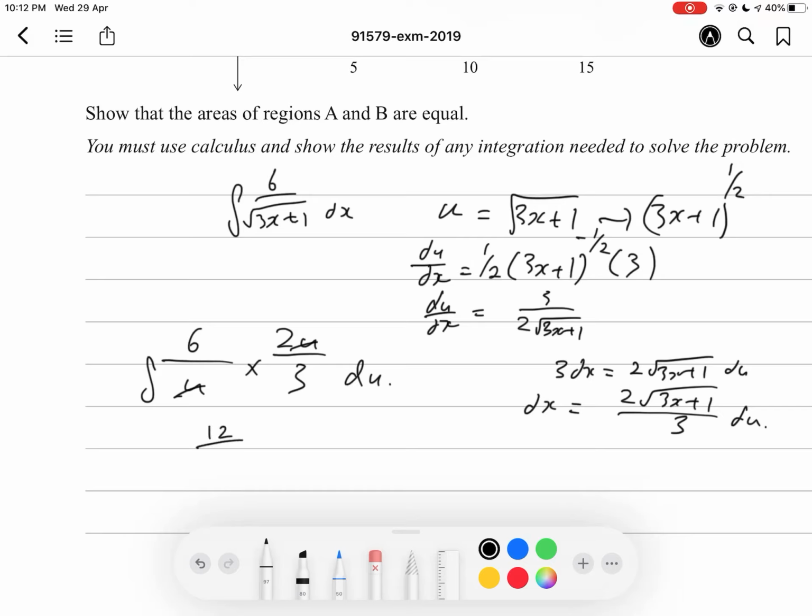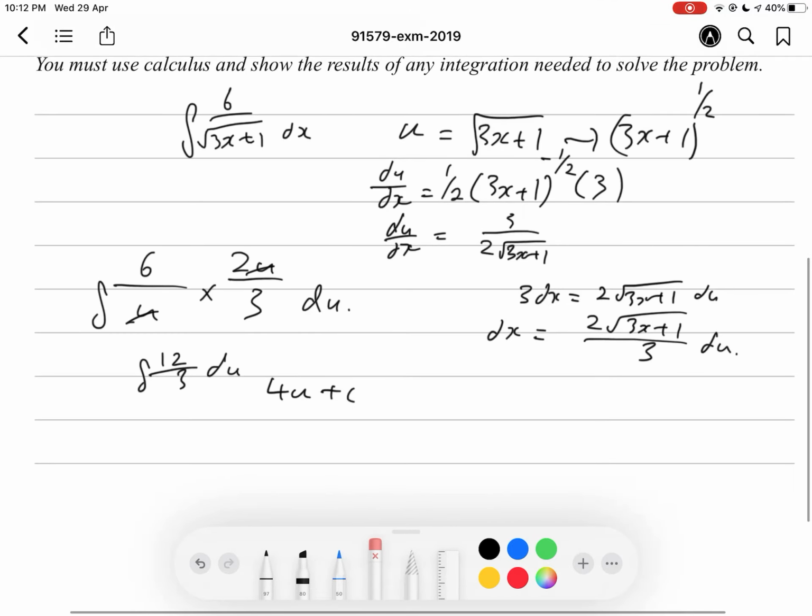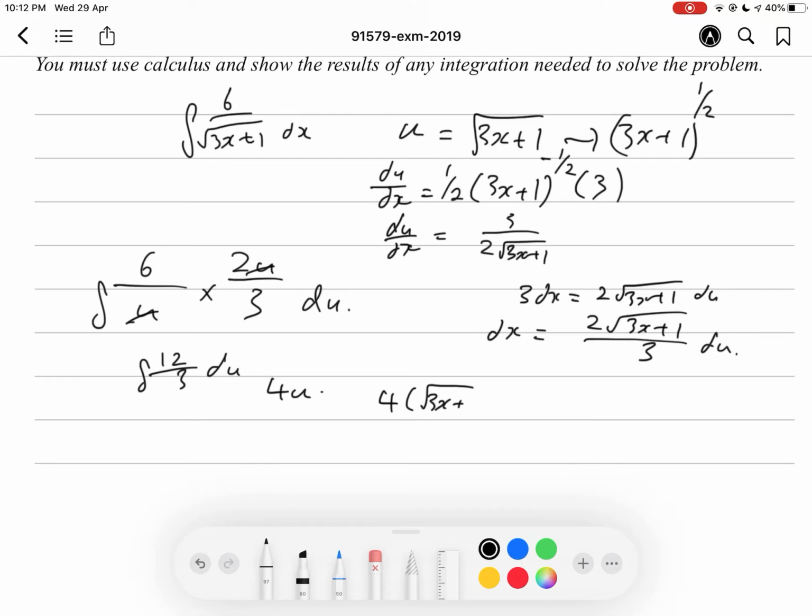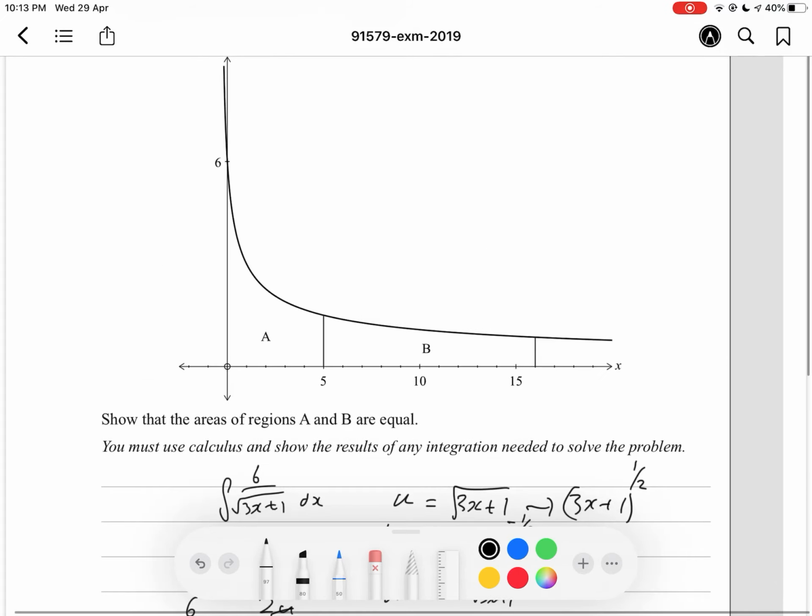So u and u cancel out, and then we'll have 12 over 3 du. If we integrate this, we'll get 4u plus c, but because we're trying to find definite integrals in this case, we don't really need the plus c. So we have 4u, which is 4 times the square root of 3x plus 1, is our integral.